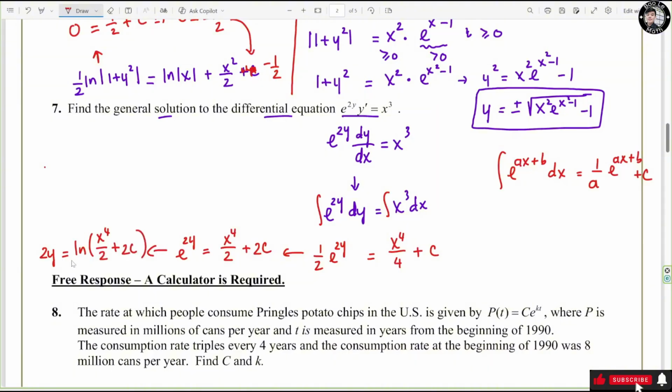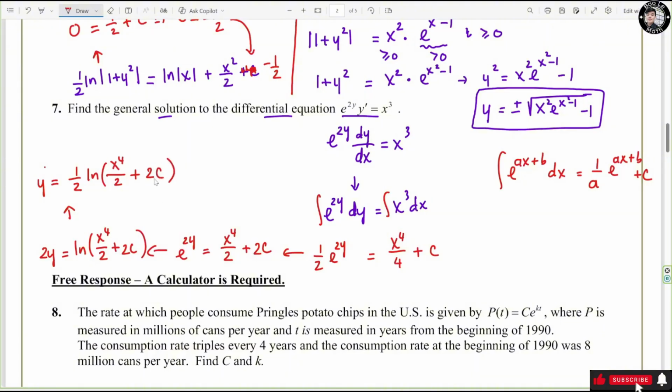Then I'm going to divide both sides by 2. So I have y equals 1/2 of ln of s to the 4 over 2 plus 2c.